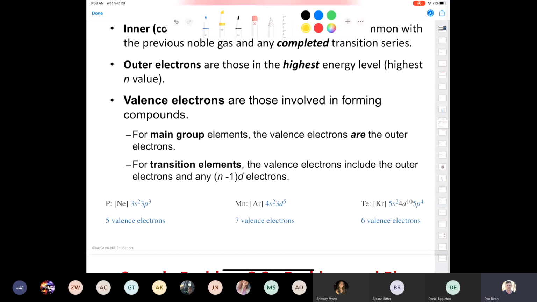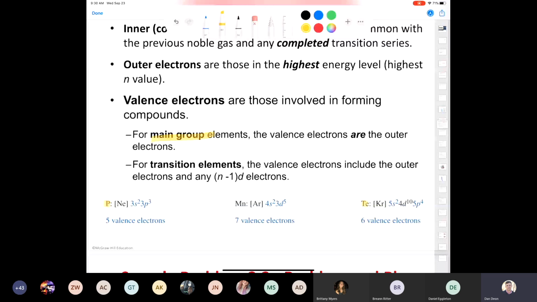So if I look at phosphorus or tellurium, those are both main group elements. I look at the highest principal quantum number, I get a total of 5 here. I look at the highest principal quantum number in tellurium, I get a total of 6 here. Now manganese is a transition metal. The valence electrons for transition metals are not only those with the highest n, the outer electrons.